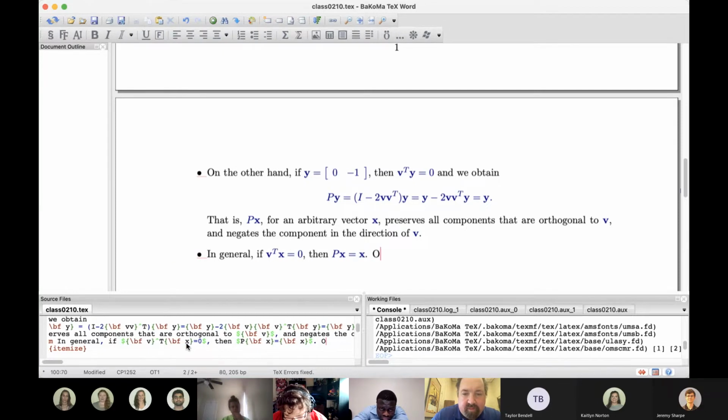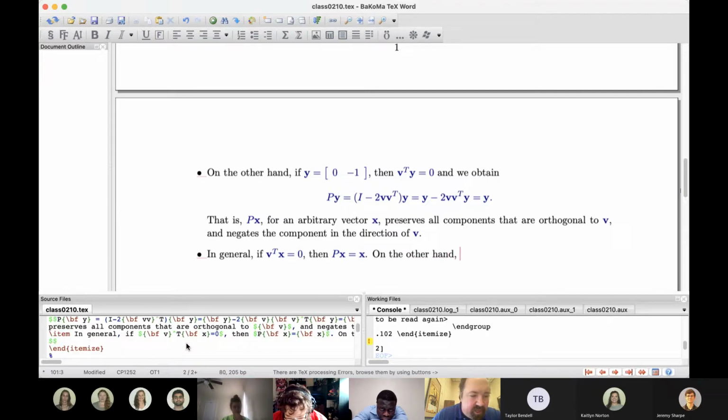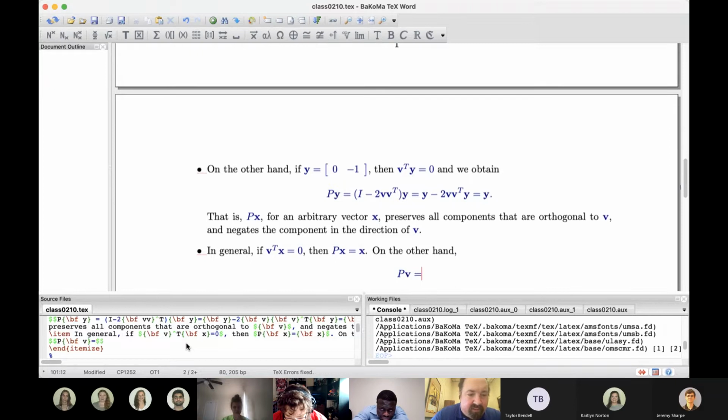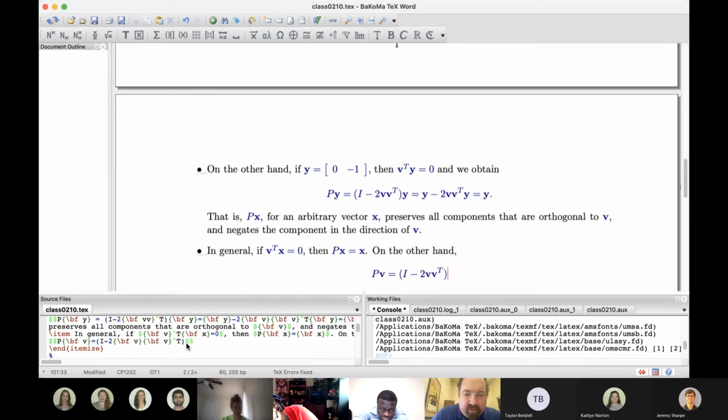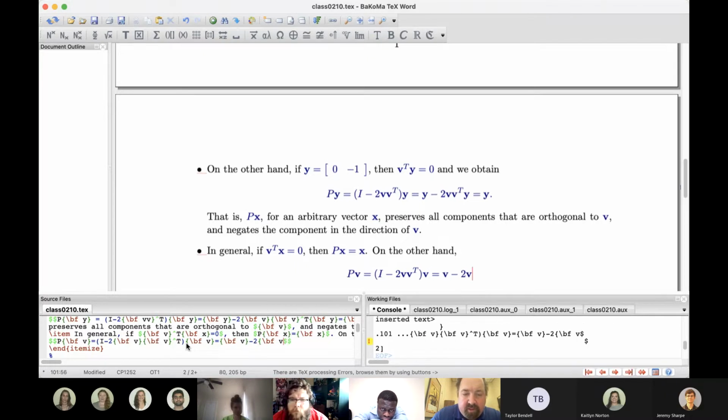On the other hand, if I compute P times v, that's identity minus 2v v transpose times v. So that's going to be v minus 2v v transpose v.